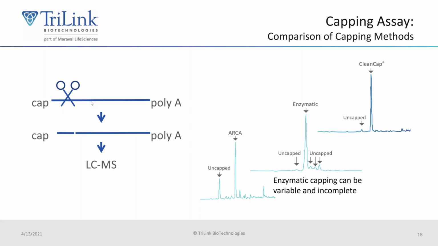There are potentially other strategies to measure the capping efficiency, but we really found this assay to be very robust and very repeatable, and it works really well in our hands. So this is really the main capping efficiency assay that we offer, and the one that we definitely recommend.